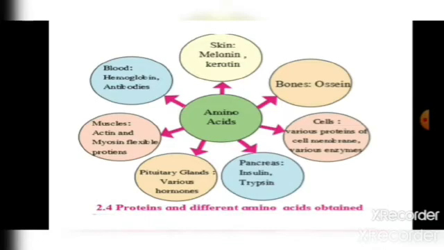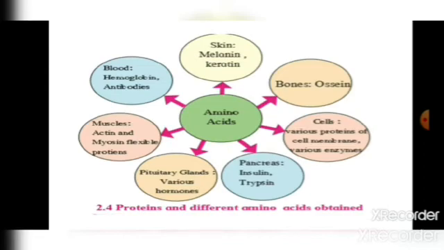When proteins are digested, they convert back into amino acids. Amino acids are absorbed in blood circulation and transported to every cell. As per the type of cell, the amino acids are again used for making proteins that are required by the body. Now let us see which protein is located where.